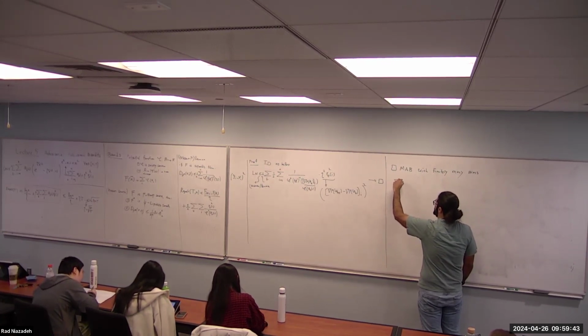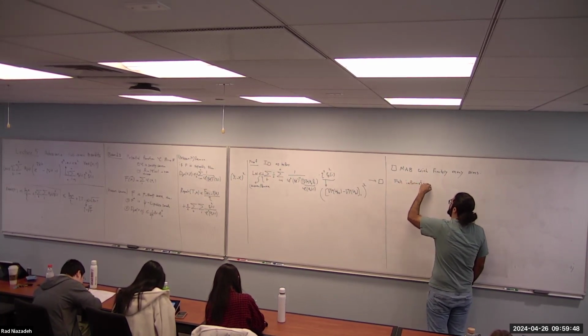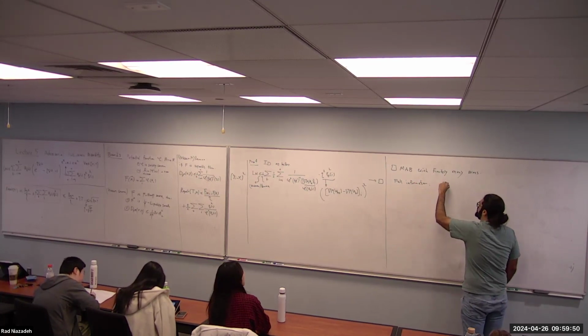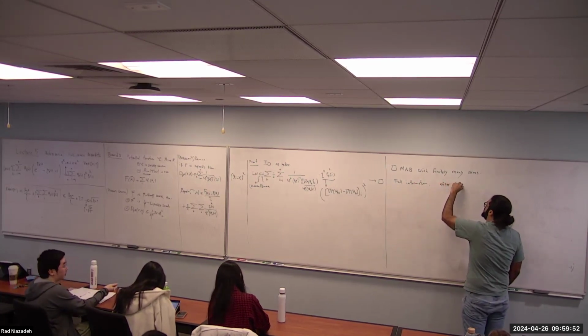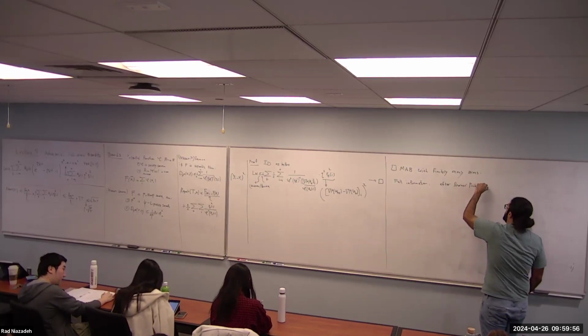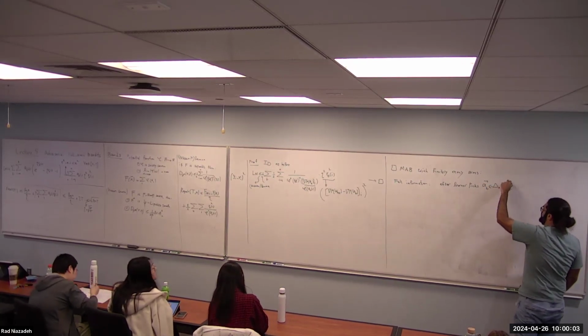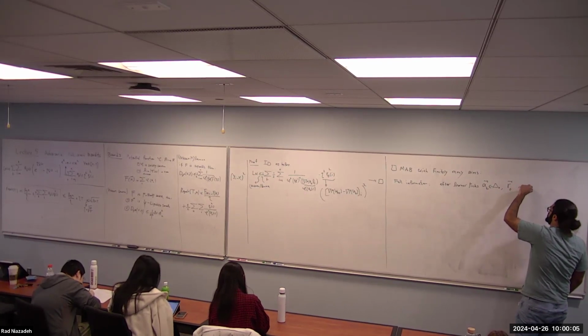In full information, after the learner picks a_t in the simplex Delta_n, the entire vector r_t is revealed.